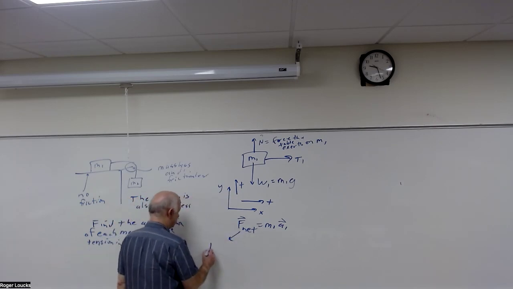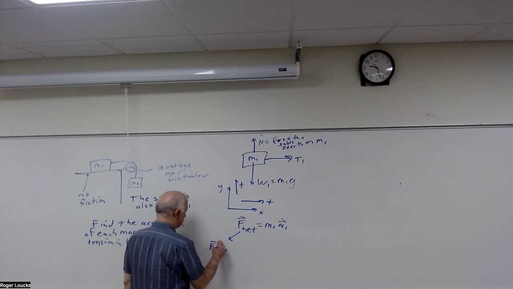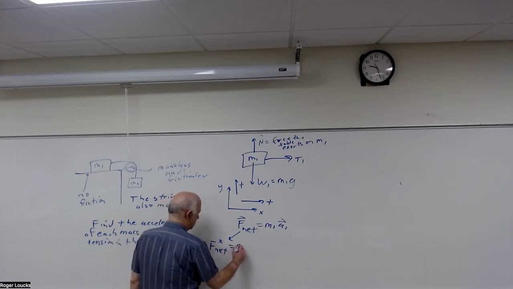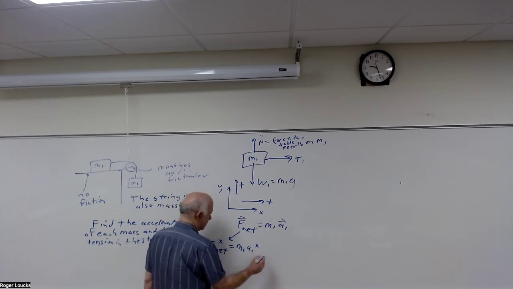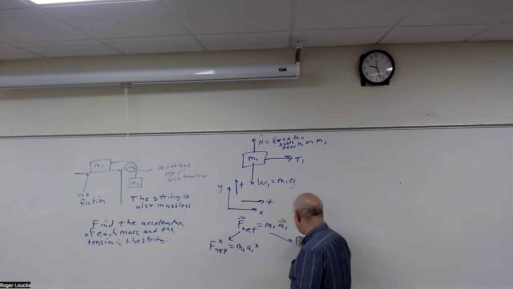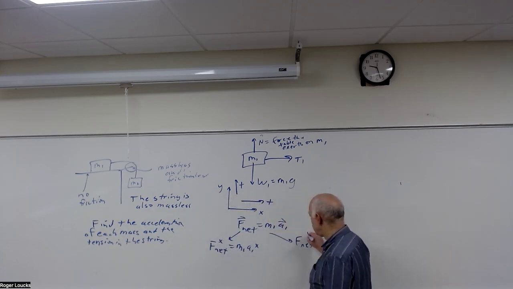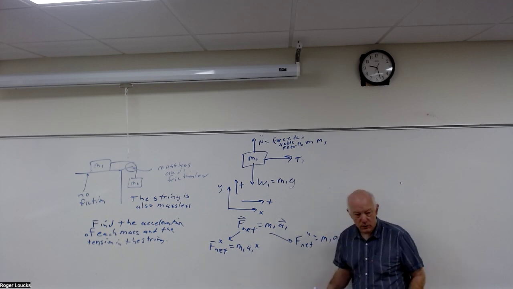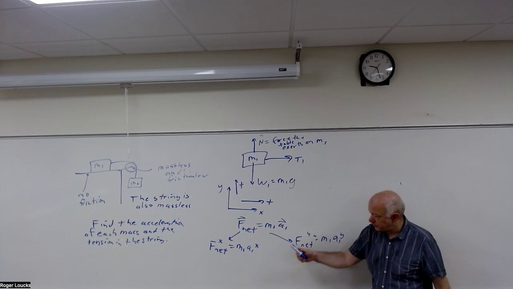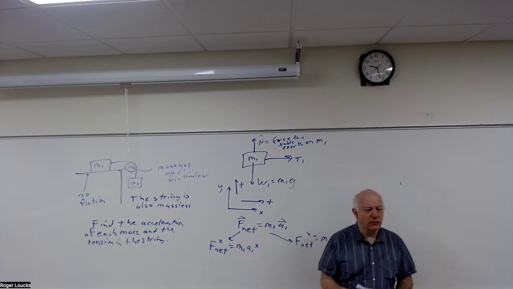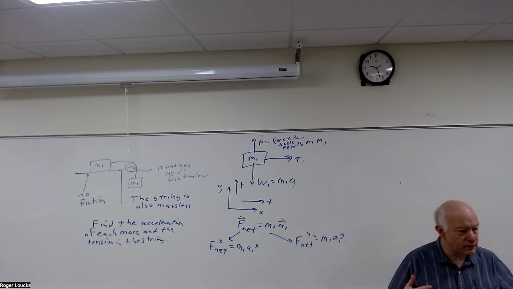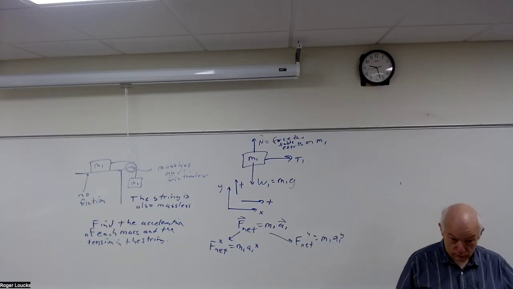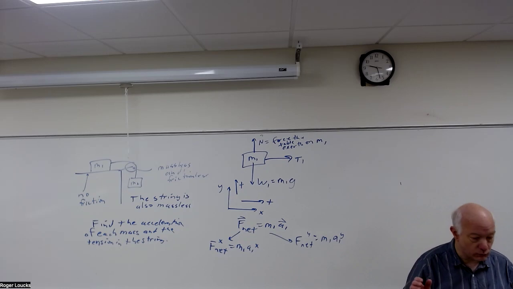I'm going to say your net force in the x direction equals M1 A1x, and the net force in the y direction equals M1 A1y. Now from that free body diagram, when we say net force, what does the net force really mean? It just means the forces added, all the forces added together. It's just your total or your sum, put in your favorite word.